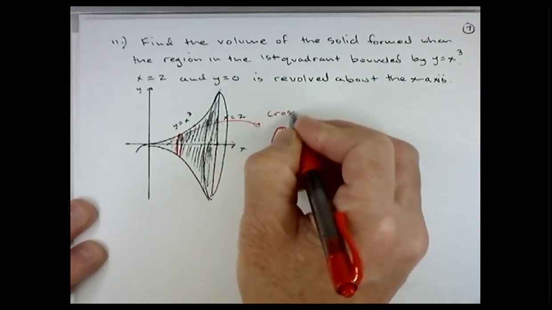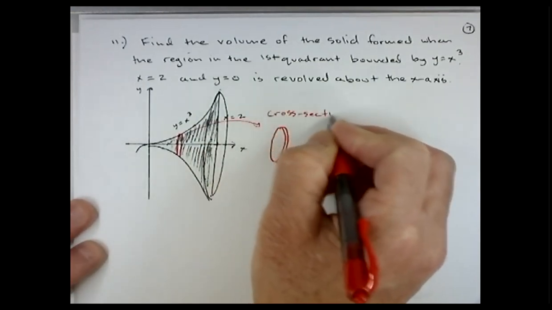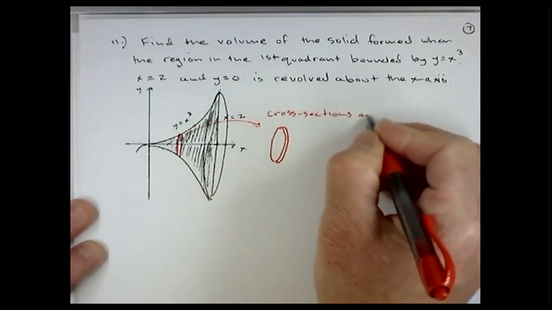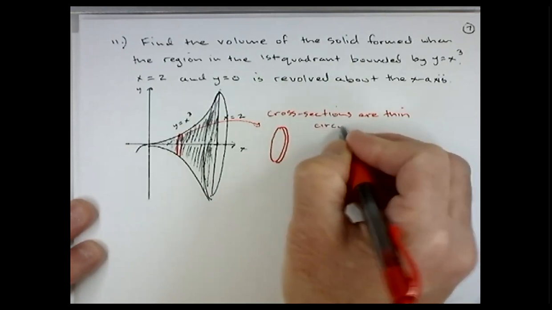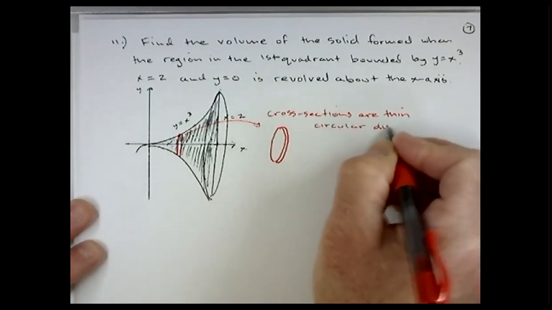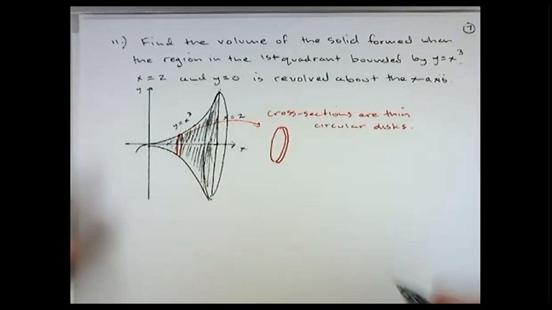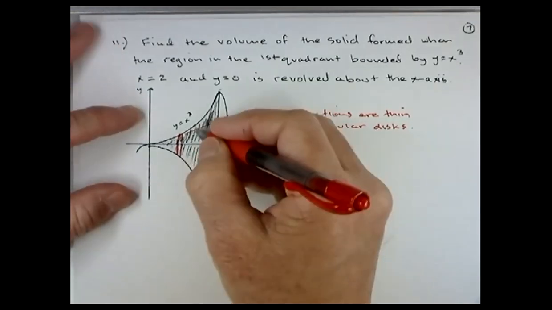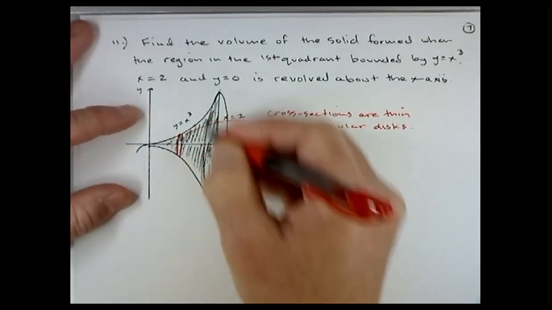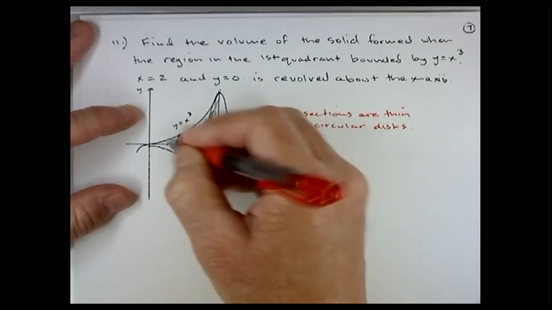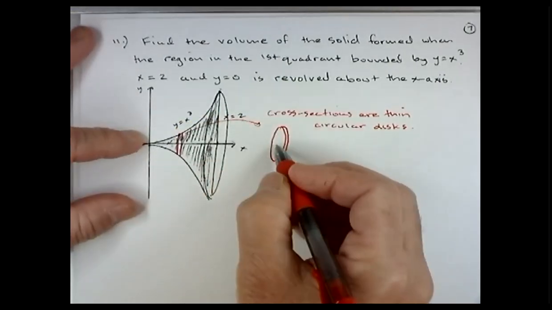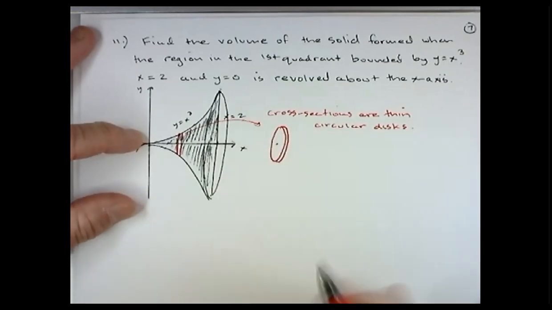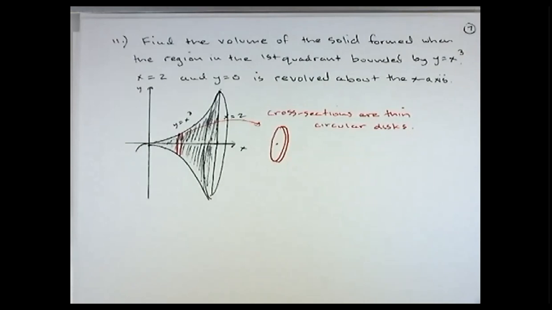Cross sections are thin circular discs, okay? And every cross section, the only thing that changes is the discs get a little bit bigger radius as we move along. But as long as every shape is the same, the integral can add up the volume for us.